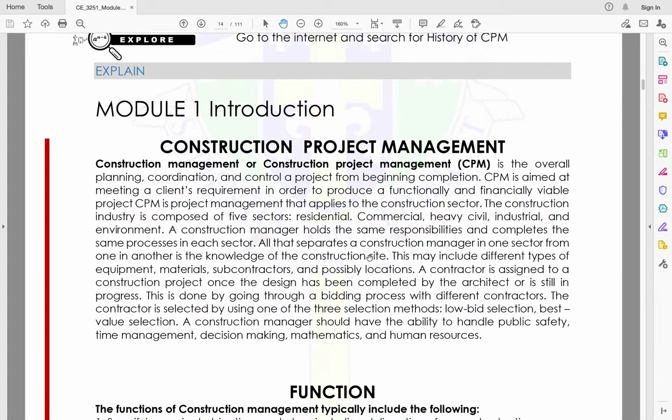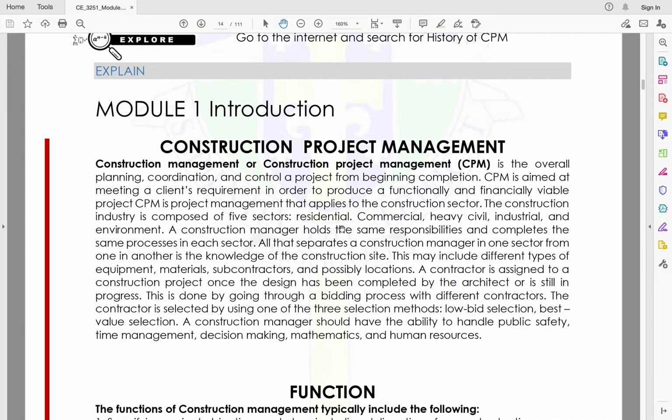Because for each of these five sectors of the construction industry, we have different methodologies. We have of course different scopes of work. A residential structure is different from a commercial structure.